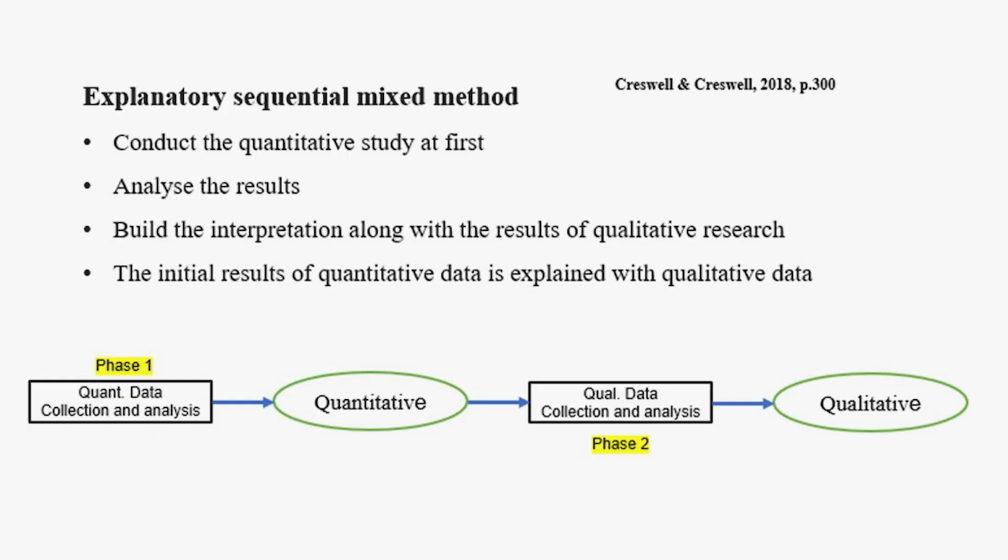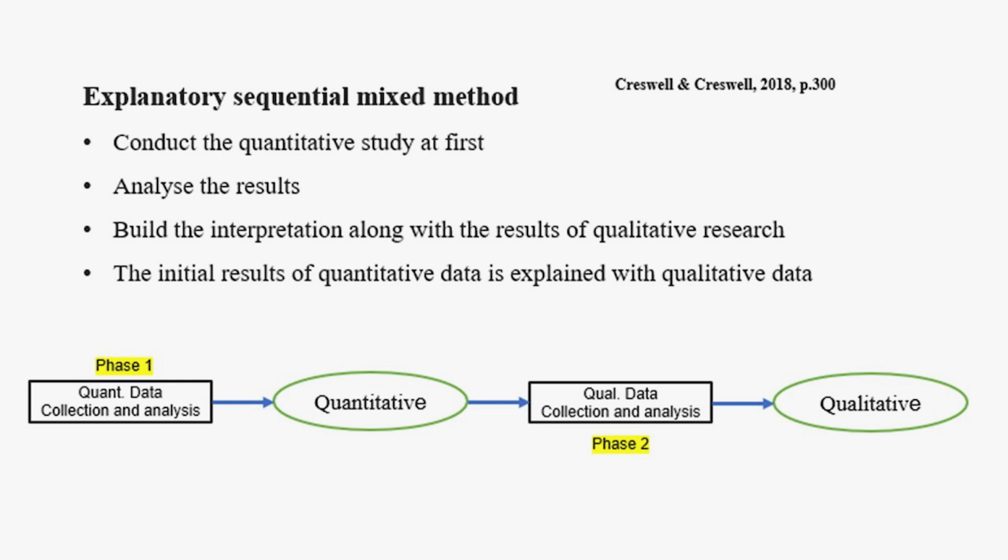Now, let us see the next type, that is explanatory sequential method. Explanatory sequential mixed method includes two phases. The first part is to collect the quantitative data. After the collection of quantitative data, you start the analysis process, and the interpretation that you build will lead the way to collect the qualitative information.